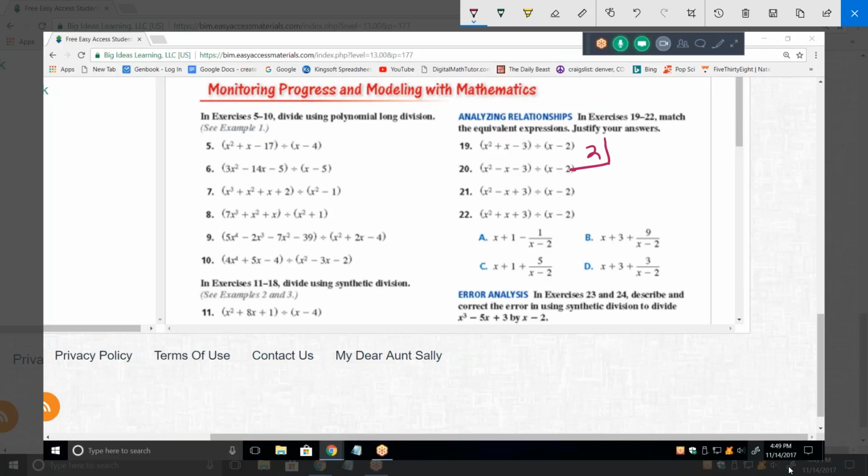So this is 1, 1, minus 3, 1, 2, 3, 6, 3. What's the answer for 19? Is it A, B, C, or D? It is D. Okay, for 19.